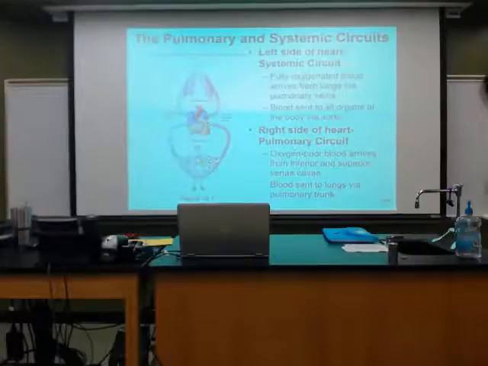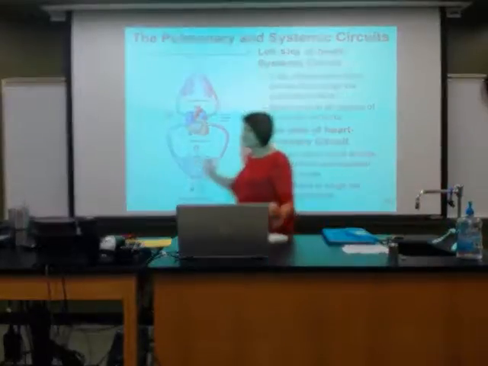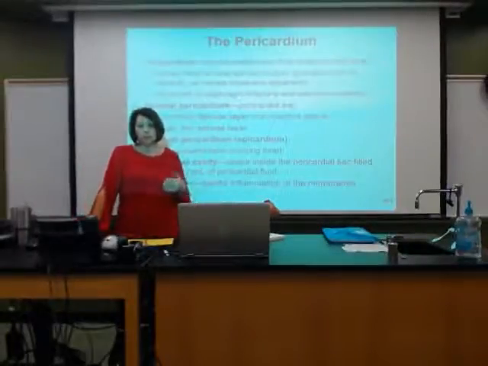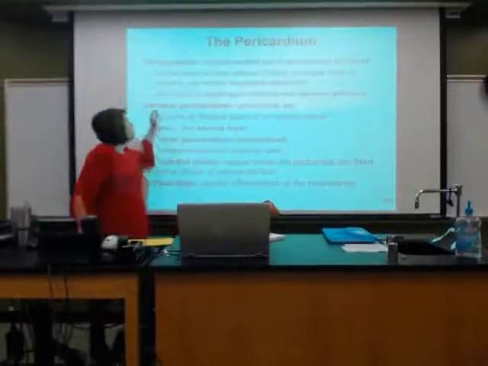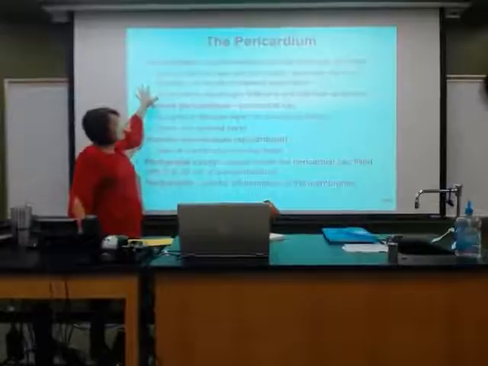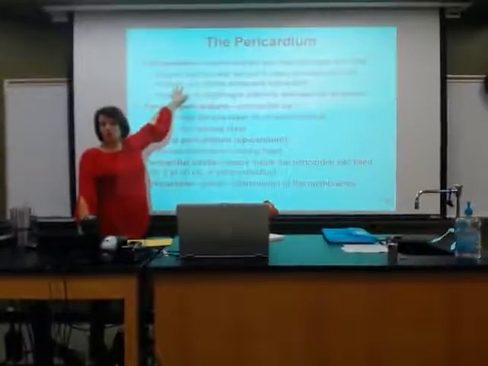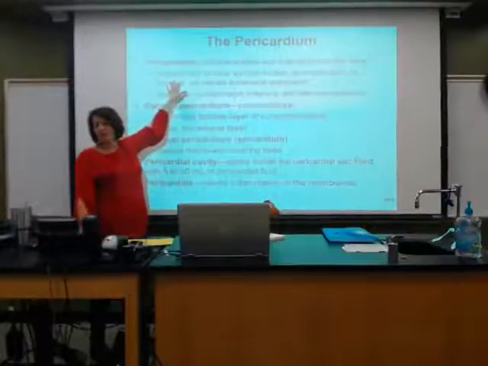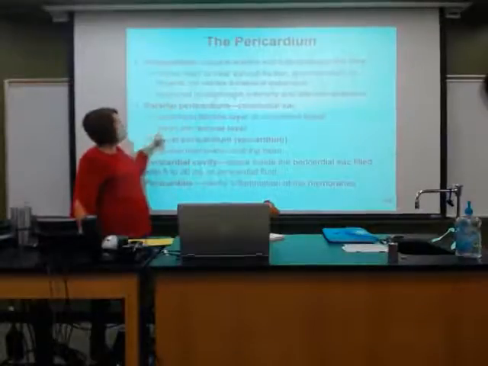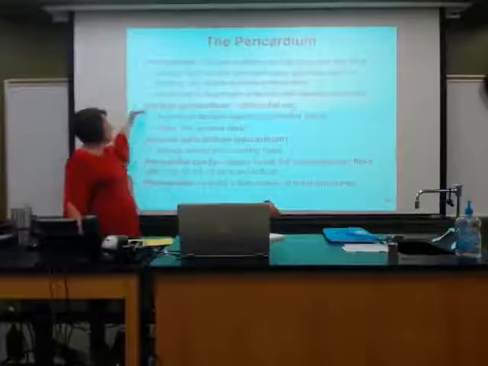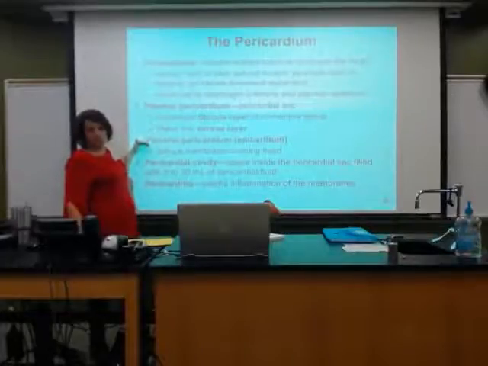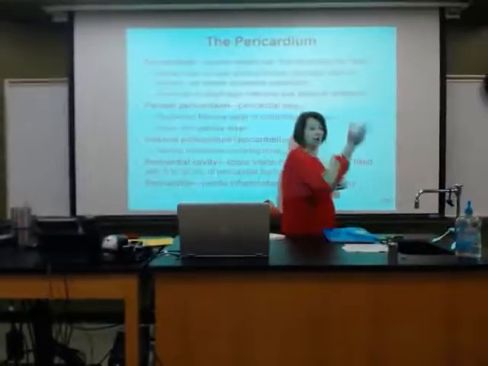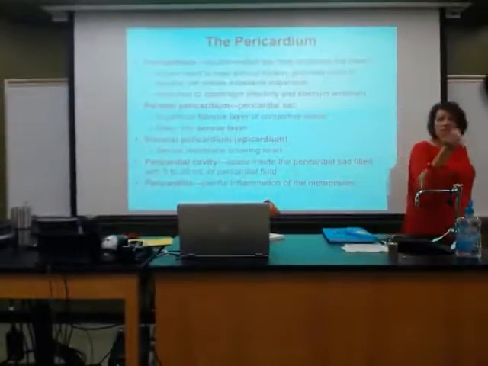So, this structure, it's very unique. One of the things that he mentioned, he talked about the pericardium, the sac that the heart sits in, and then we had the parietal and the visceral. Parietal simply meaning to the outer portion.